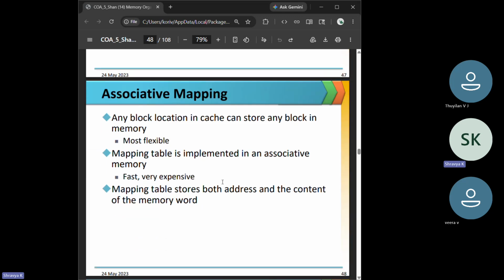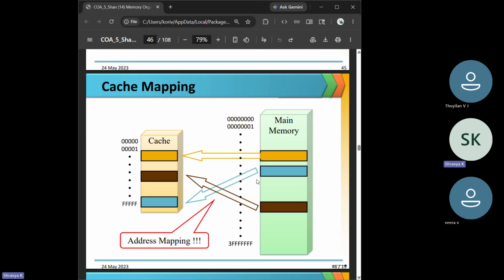In associative mapping, any block location in the cache can store any block in the memory. This is the most flexible type of mapping, where it doesn't matter which slot we are looking at. If a slot is empty and we need a particular block, we can just take it and put it in, right?